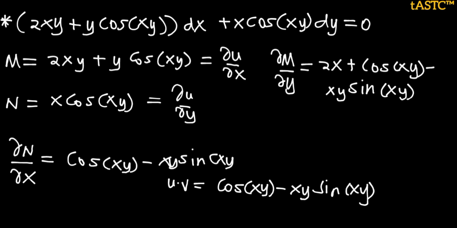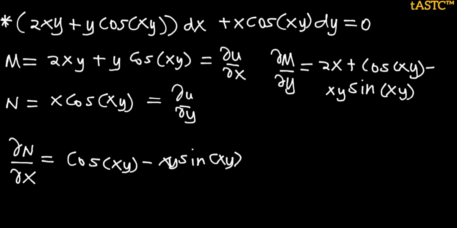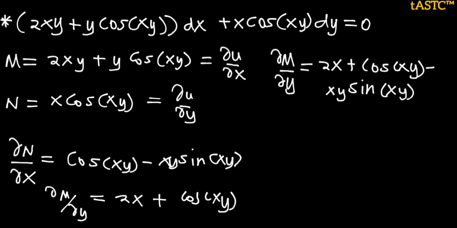So this is what we have. Now we knew dm dy, that is equal to 2x plus a cos xy minus a xy sin xy.